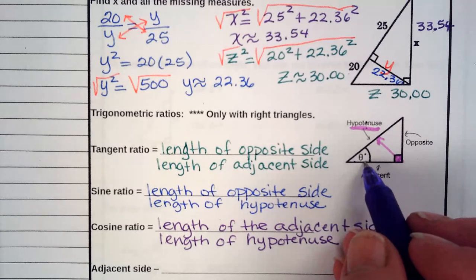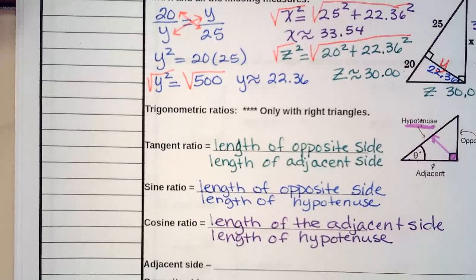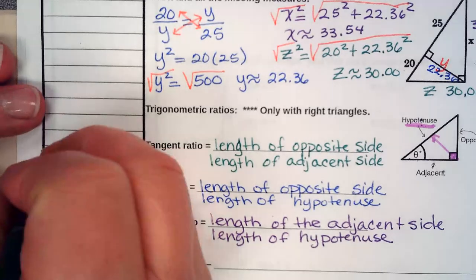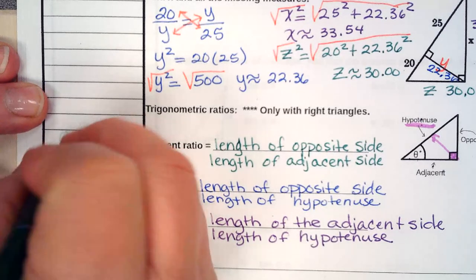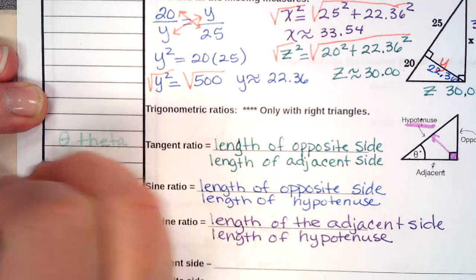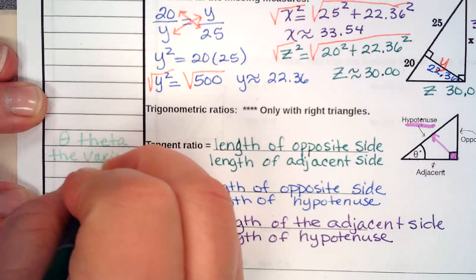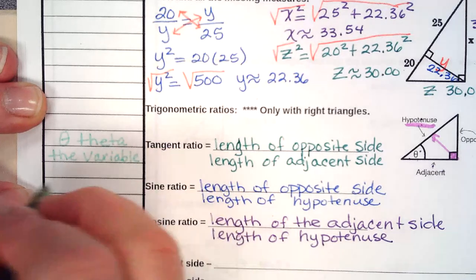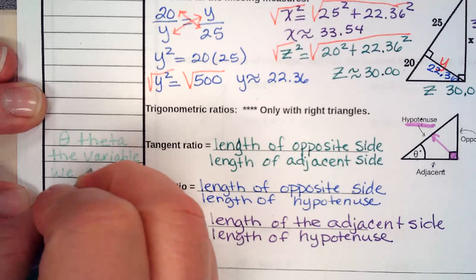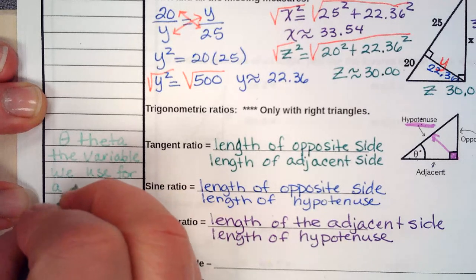If you're looking at this, you see that little funny looking circle with a line in the middle? That is the Greek letter theta. What does theta mean? Theta is the variable we use for a missing angle measure.